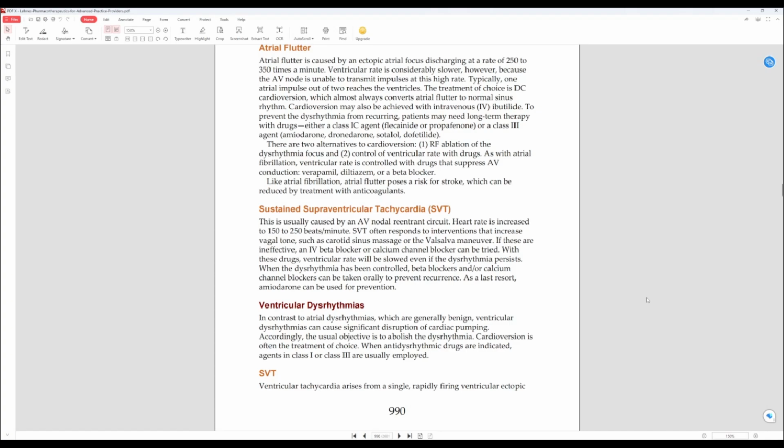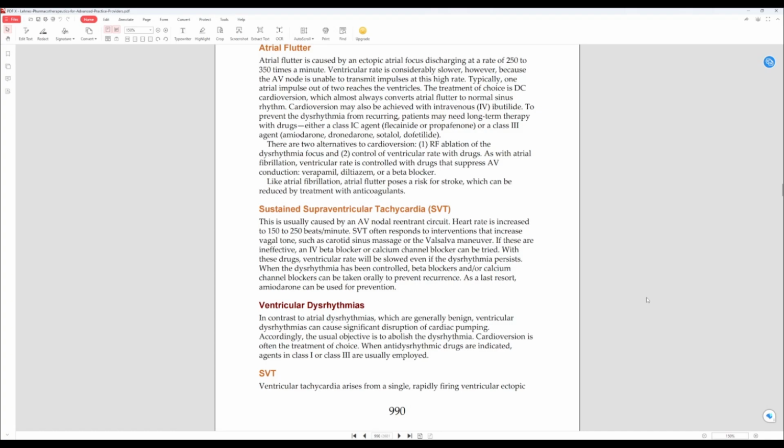Cardioversion may also be achieved with IV ibutilide. To prevent the dysrhythmia from reoccurring, patients may need long-term therapy with drugs either in class 1C or class 3. There are 2 alternatives to cardioversion: again, an RF ablation of the dysrhythmia focus and a control of the ventricular rate with drugs.